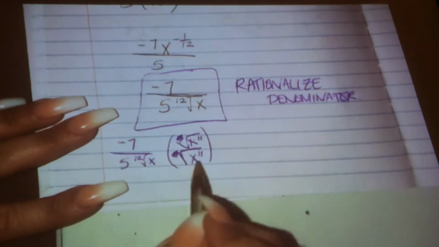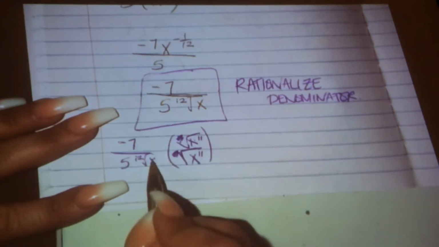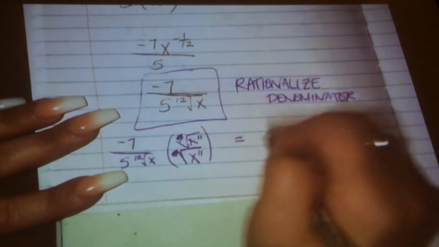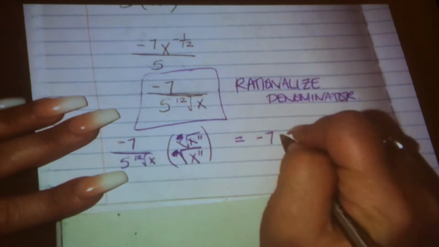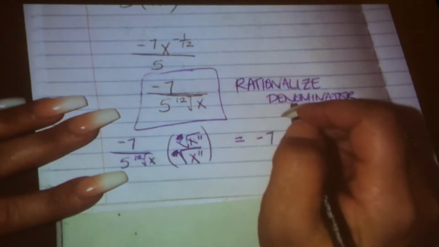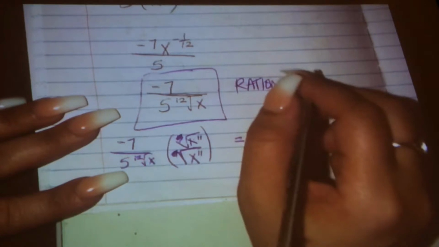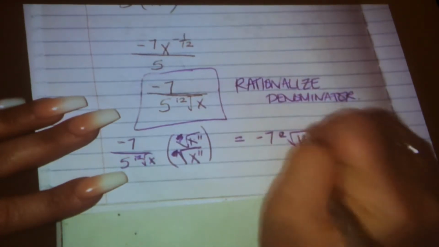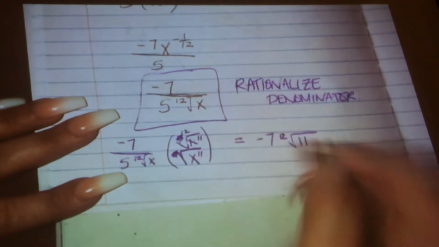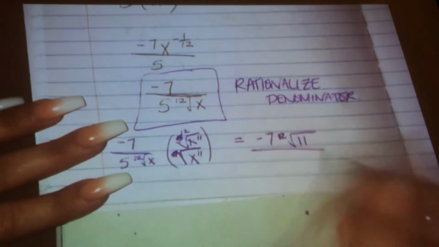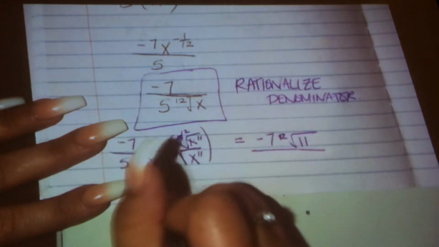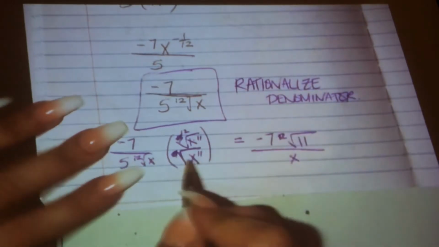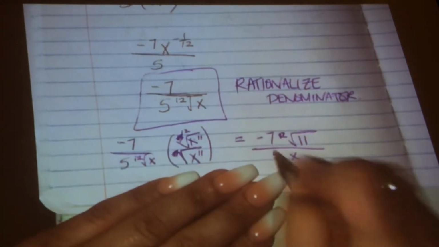I'm going to do 11 of these because 11 plus that 1 is going to give me 12 of them. And the 12th root of x gets rid of that x. So look at the final answer. You get negative 7 times the 12th root of 11 of them, because that's what you have on top, over this 12th root of x times the 12th root of 11. That's just going to give you an x because that's 12 of them total, times 5.